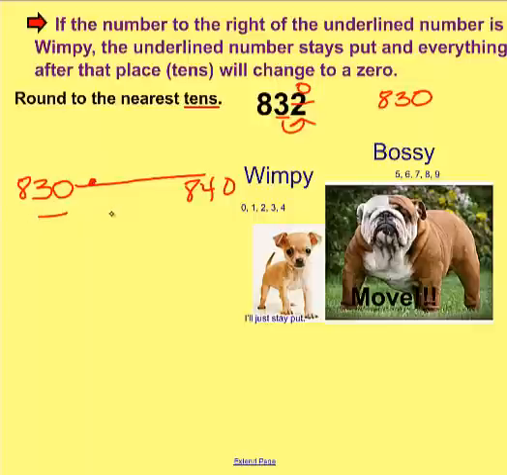It's closer to 830 than it is to 840. That's why we changed the number to the right to a 0, because it was asked to be the nearest tens. 30 is the tens, and in this case 40 is the tens. The nearest tens are the 30s, so 830.